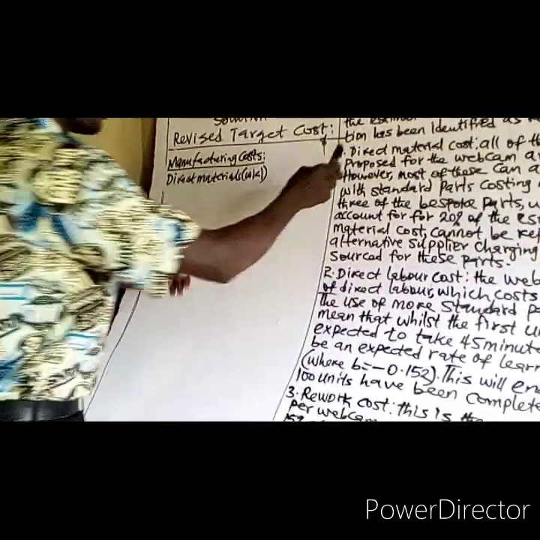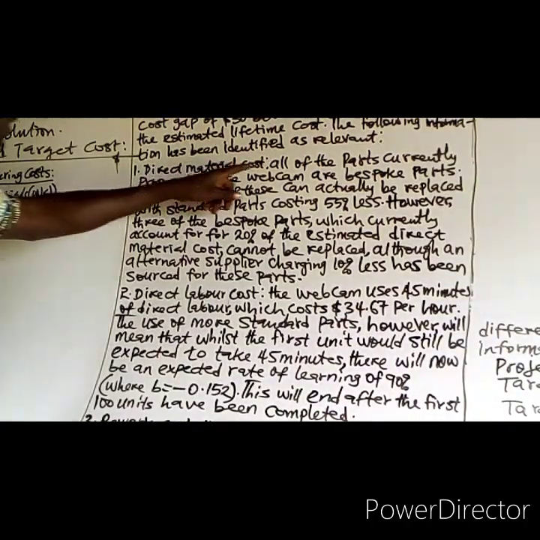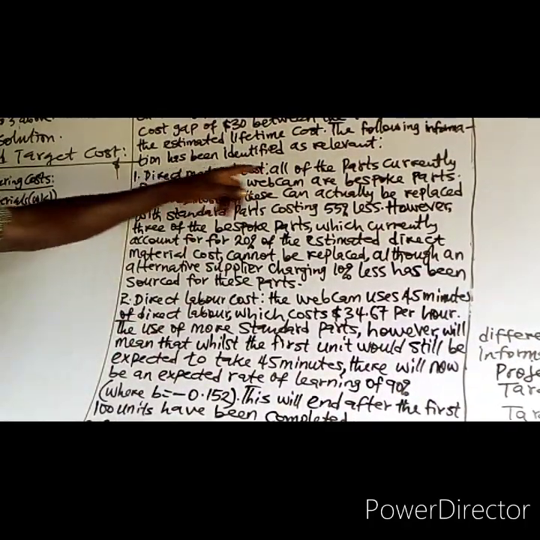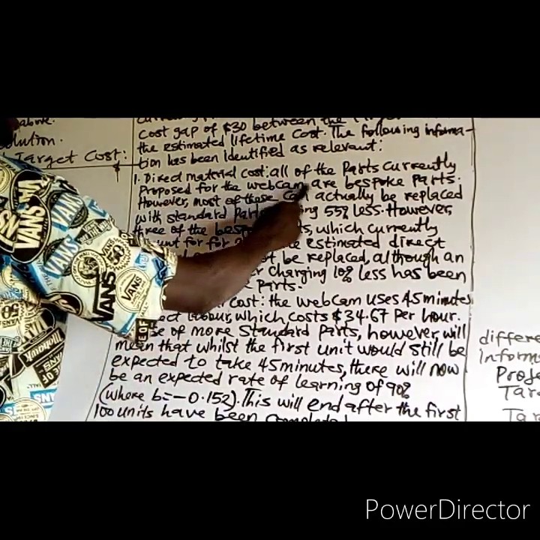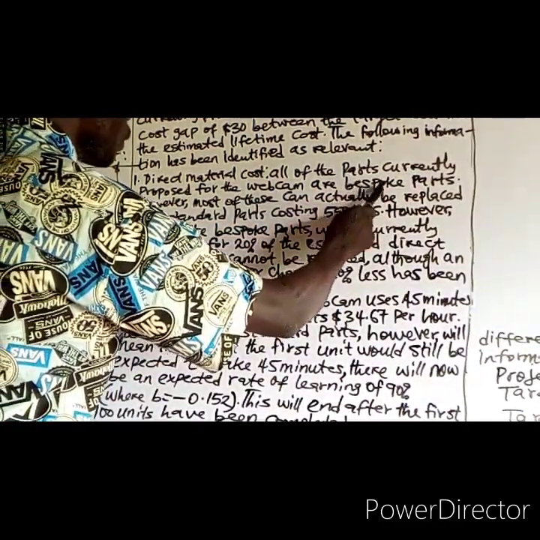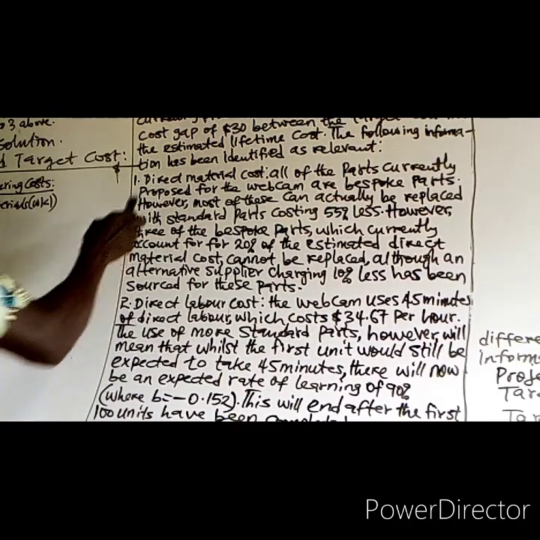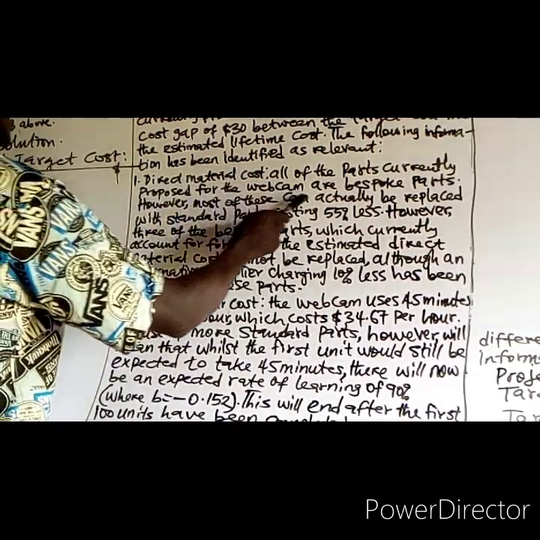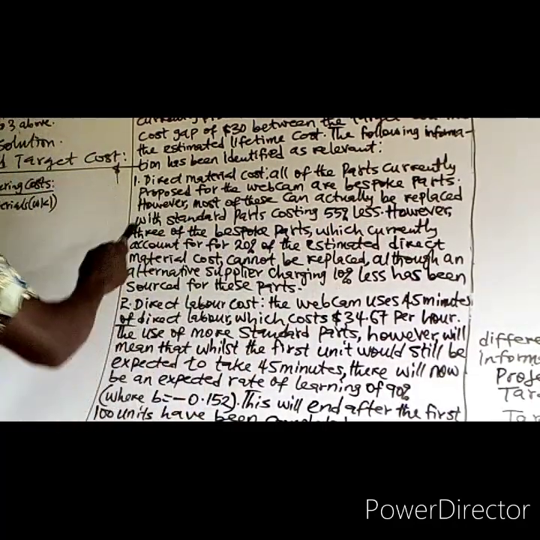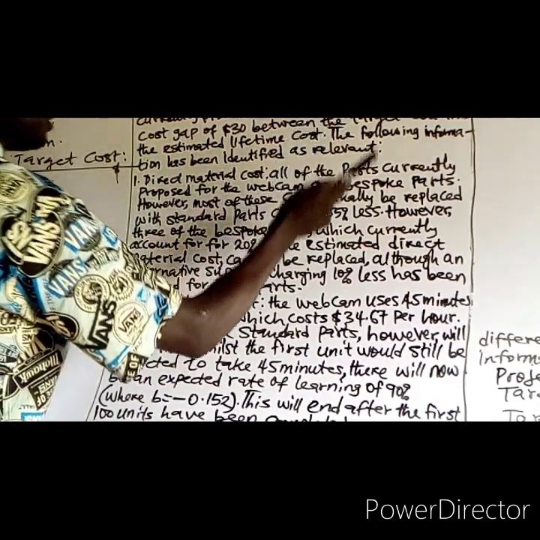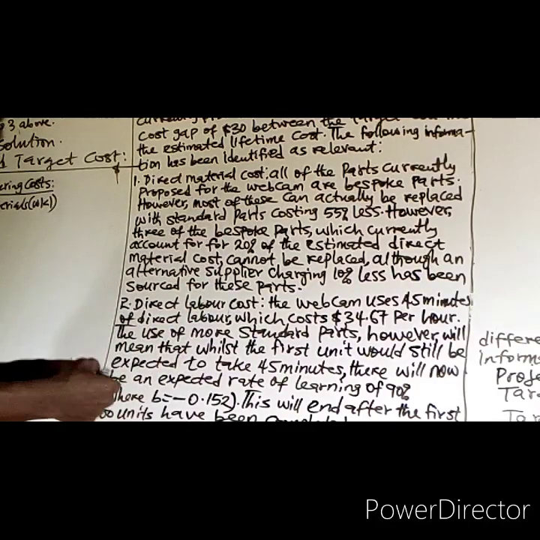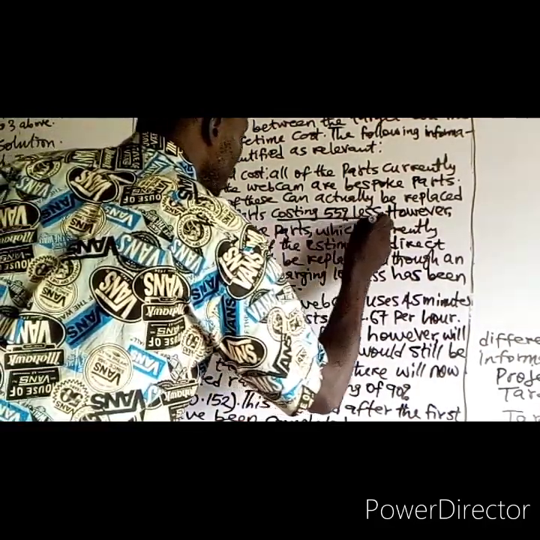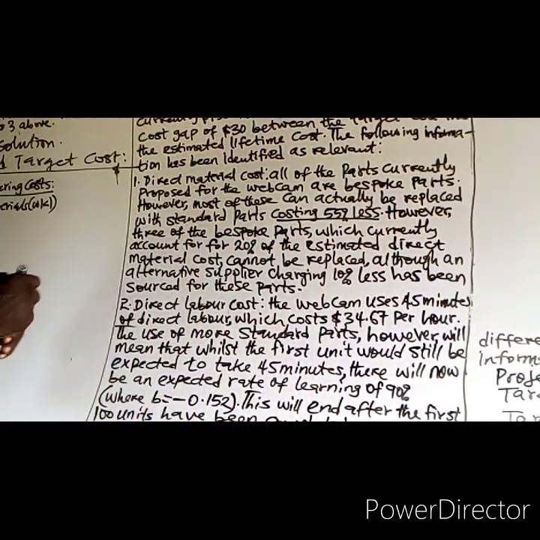Now let's go through note 1. Direct material cost. All of the parts currently proposed for the webcam are bespoke parts. However, most of these can be replaced with standard parts costing 55% less.